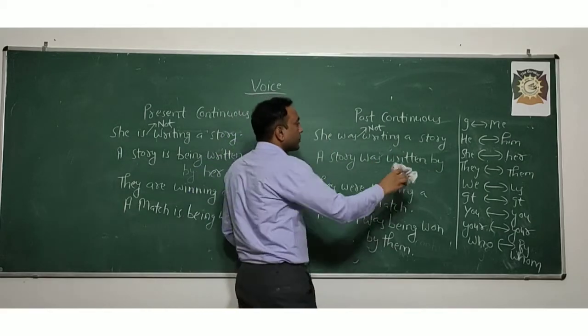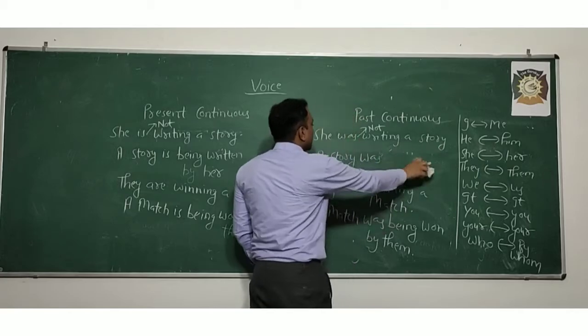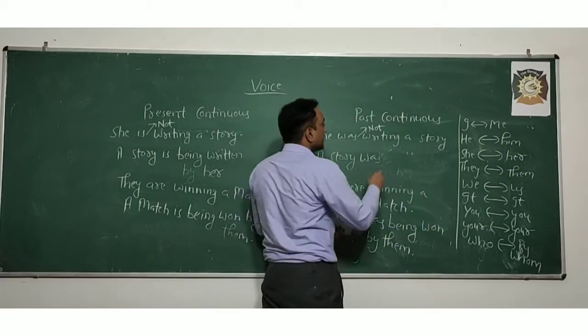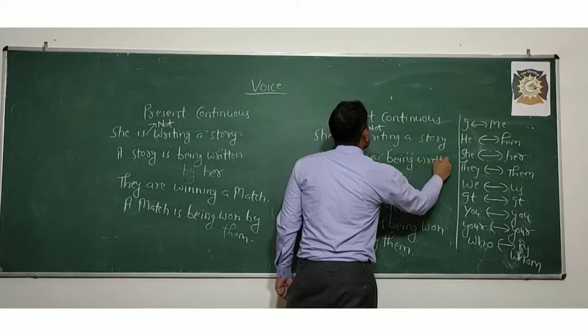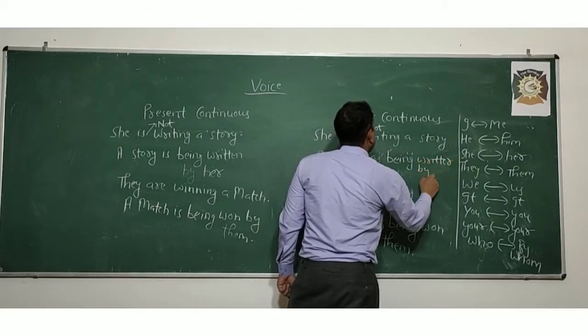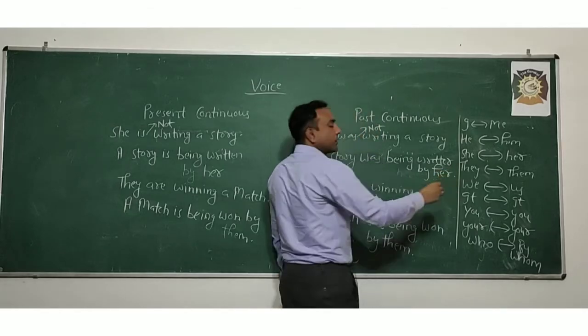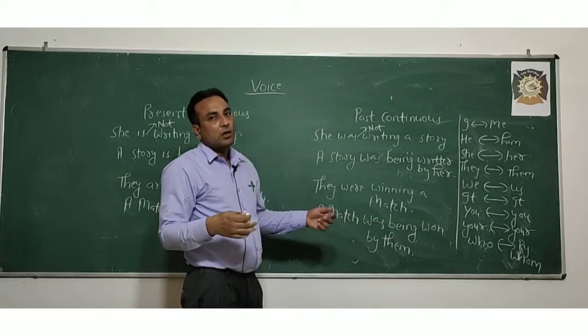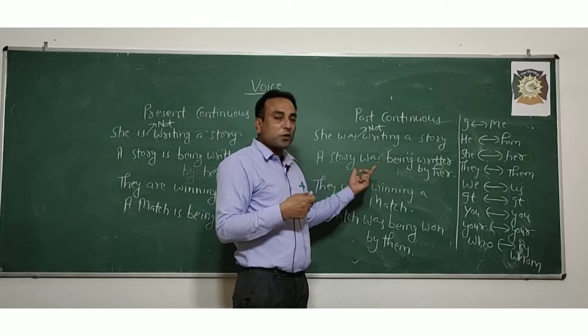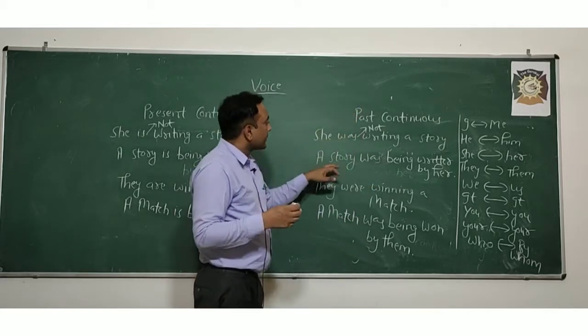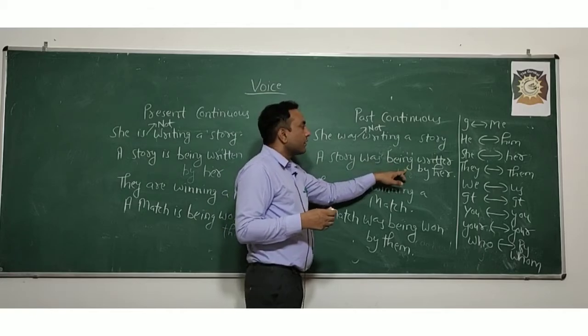So you have to write a story was not being written by her. Sometimes, students, while writing on the board, we skip something because we write it in my mind but not on the board. It happens sometimes, sorry for that. So a story was not being written by her.